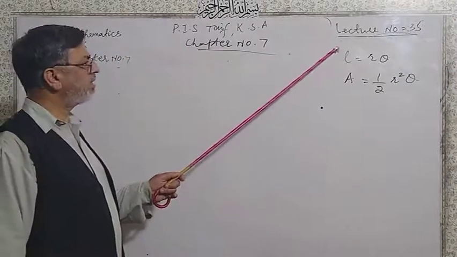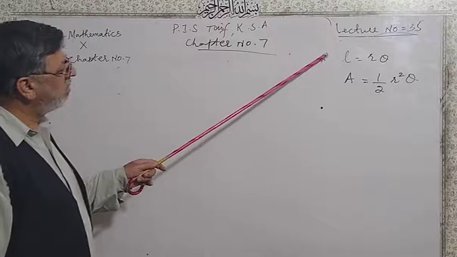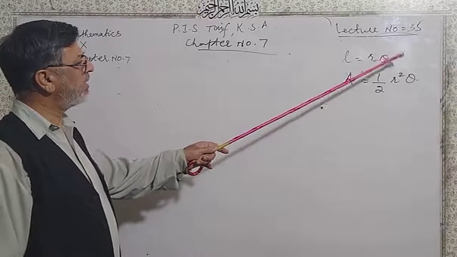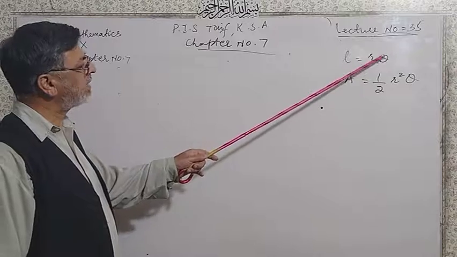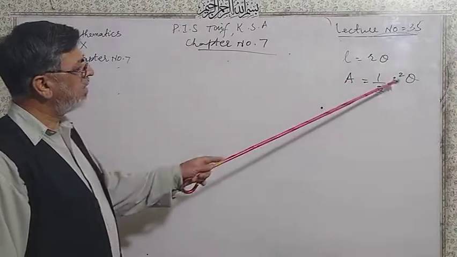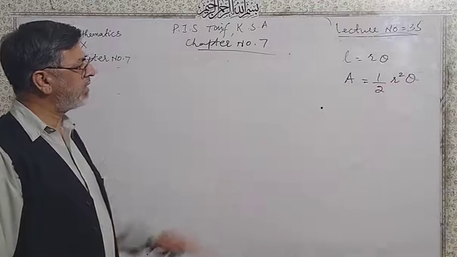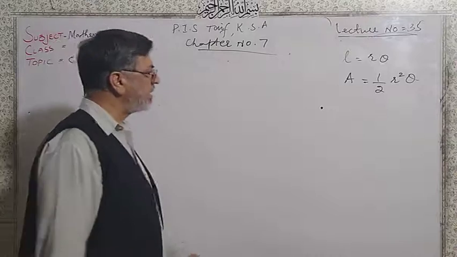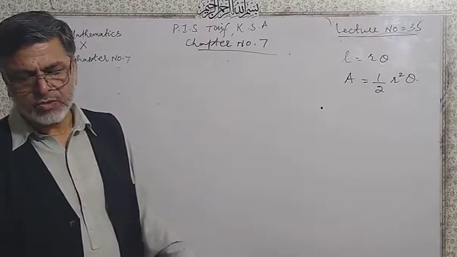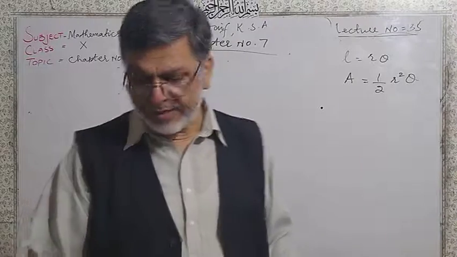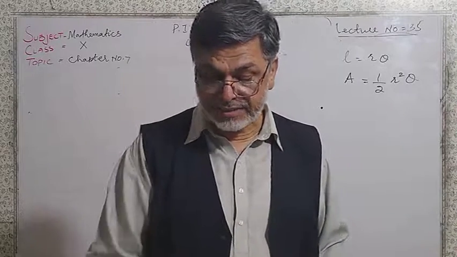L is the length of circular arc, r is the radius of circle, theta is the radian measure of angle at the center of the circle. A is area of sector, r is the radius of circle and theta is the radian measure of angle subtended at the center. So we have these two formulas which will be used frequently in your next exercise.